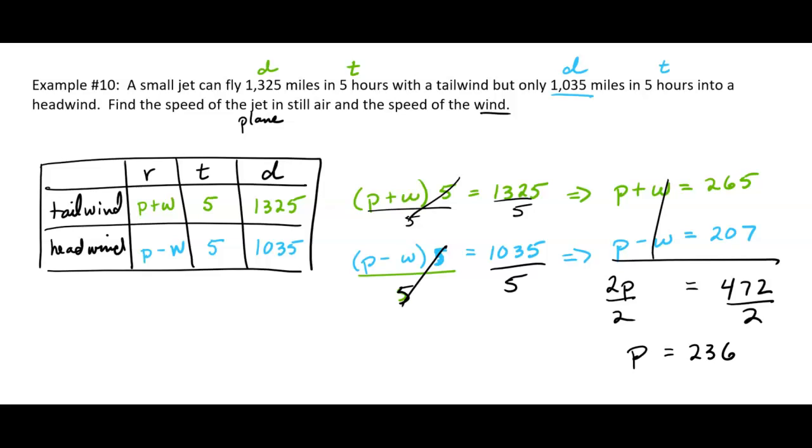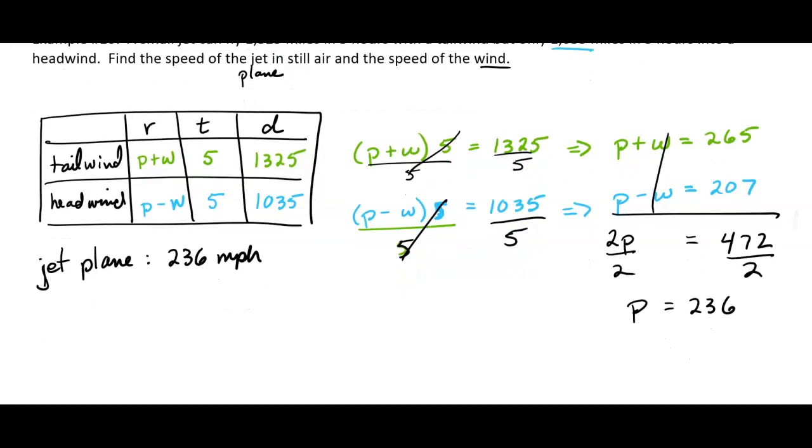So the plane is traveling at 236 miles an hour. The jet plane's rate is 236 miles per hour in still air, because that's on its own with no wind. Now, how can you figure out the speed of the wind?